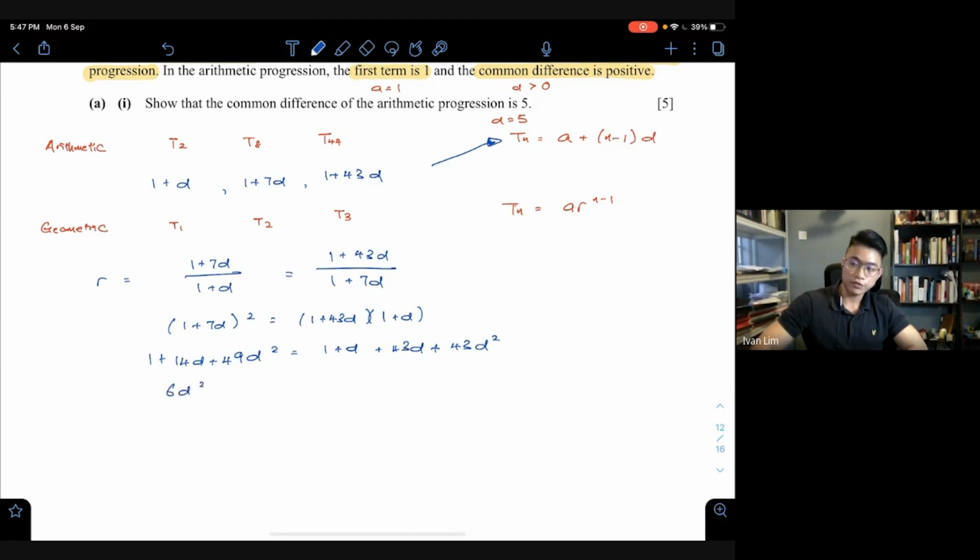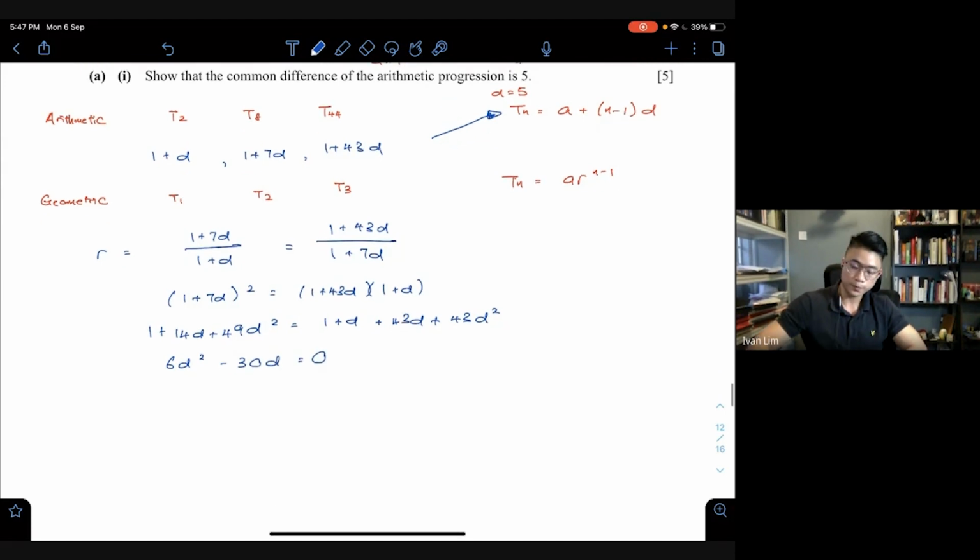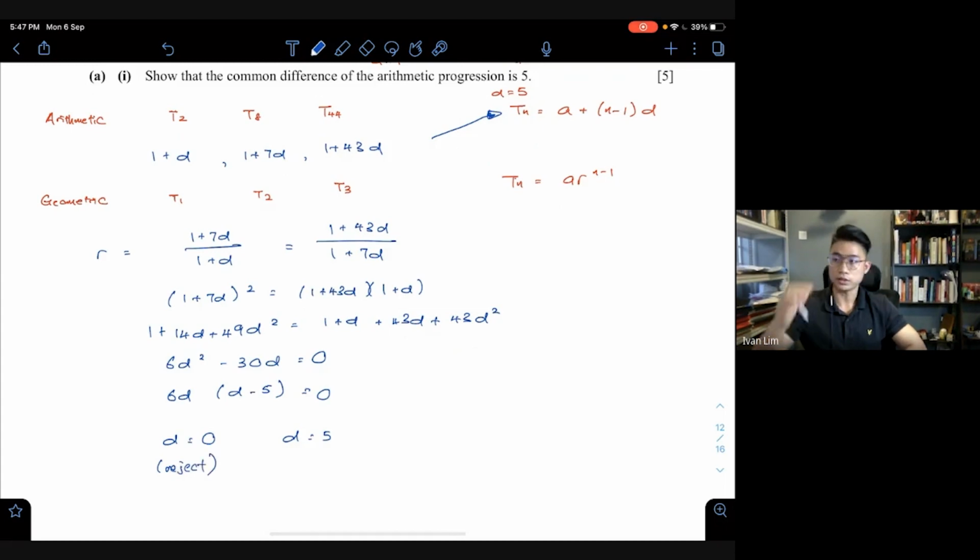Move everything to the left-hand side. 6d squared minus 30d equals 0. You get 6d(d minus 5) equals 0. You get d equals 0 or d equals 5. They say d is positive, so reject d equals 0. So d is equal to 5.